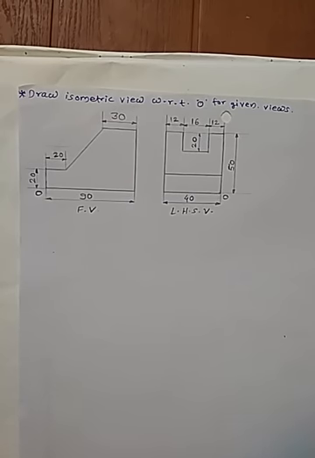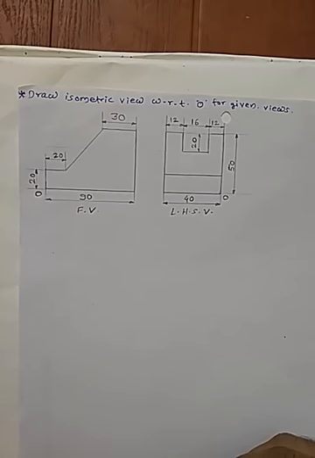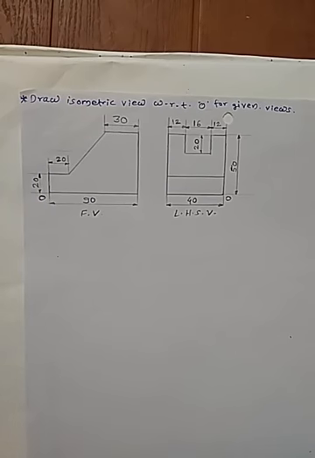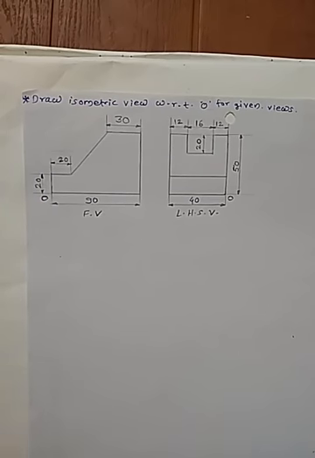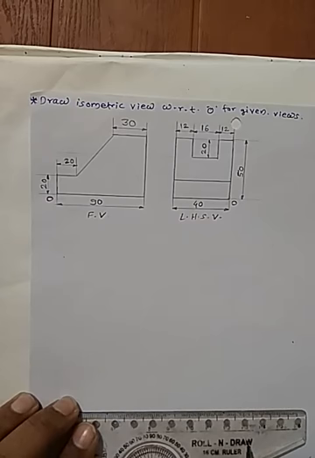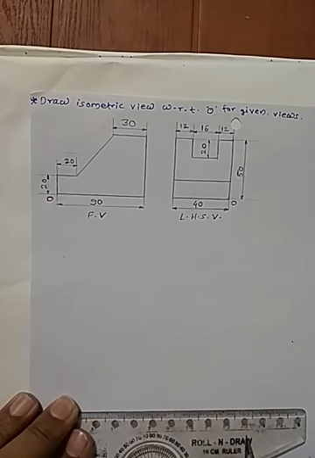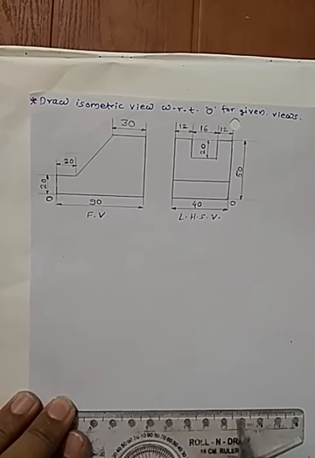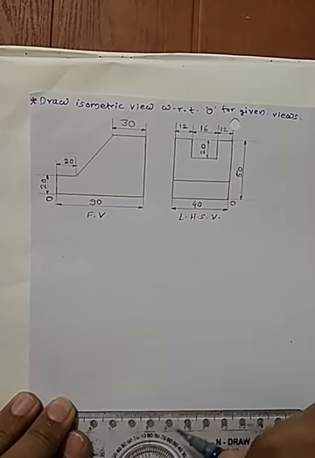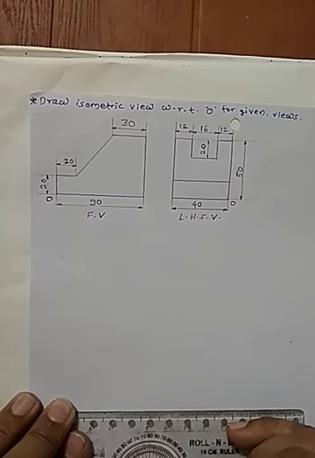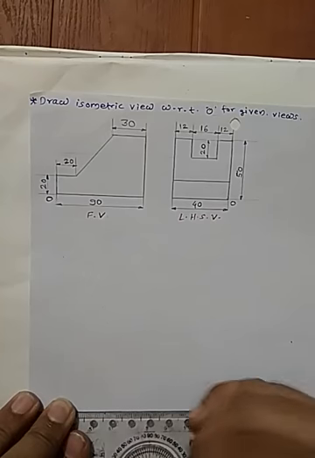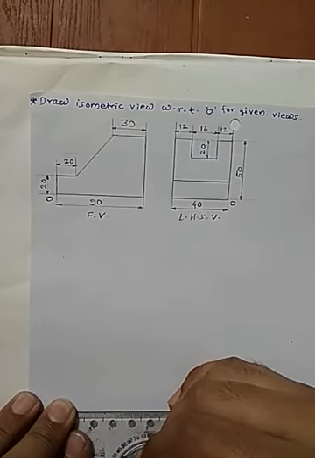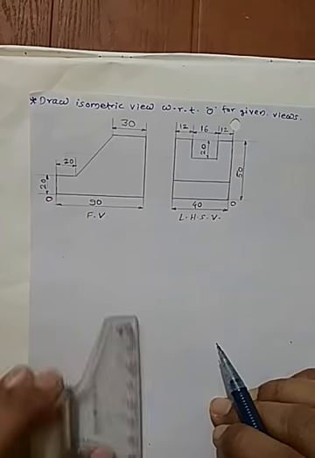Suppose you draw one horizontal line and take any one point on it. Mark it as O. From that point O you need to draw three axes: axis Z at 90 degrees, axis X at 30 degrees towards the right, and axis Y at 30 degrees towards the left.